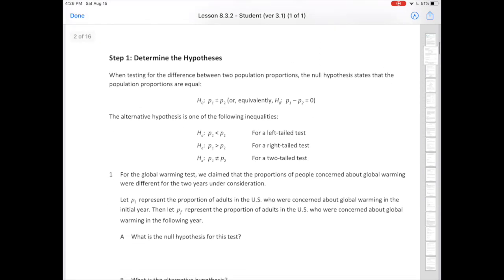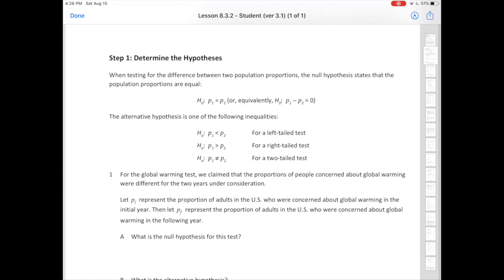Step 1, determine the hypothesis. When testing for the difference between two population proportions, the null hypothesis states that the population proportions are equal. Last time we wrote that as a sentence, but we didn't write it using symbols.